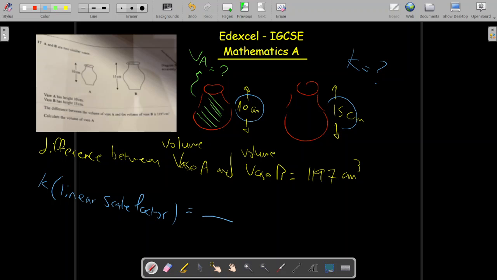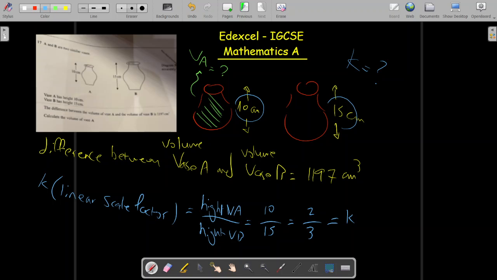It's going to be equal to the height of vase A over the height of vase B, which means it's going to be equal to 10 over 15, and when I simplify, it's going to be equal to 2 over 3. So this is representing K, 2 over 3.